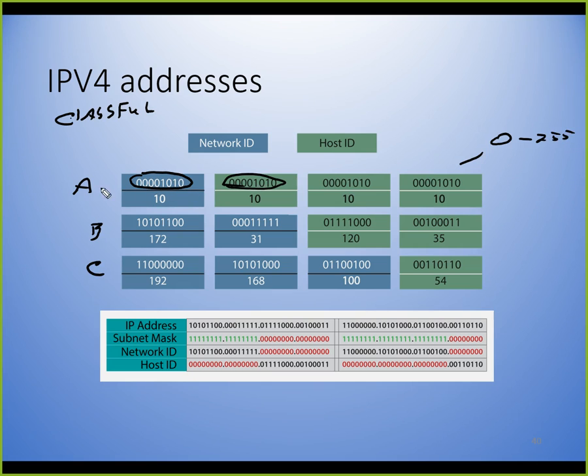The Class A addresses had a limited number of network addresses, and that's what the blue represents, and somewhere around 16 million host addresses. And if you think about that, are we going to put 16 million addresses on a network? Yeah, probably not.